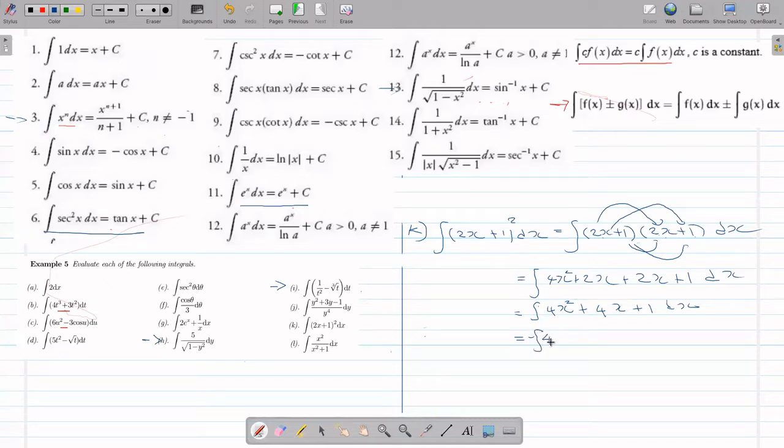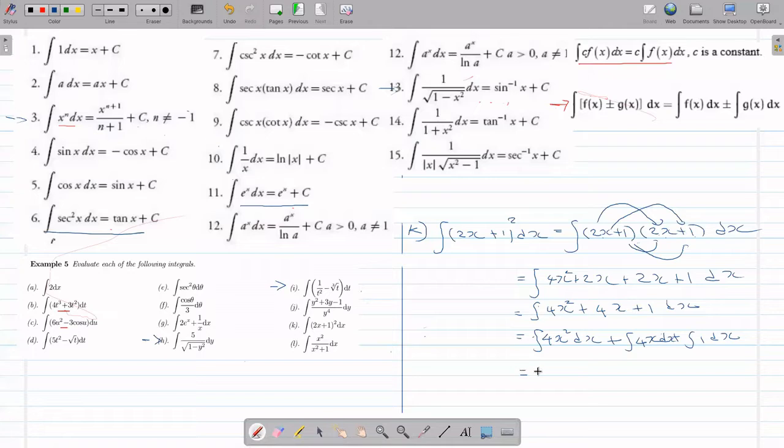Here I get 4x squared dx plus 4x dx plus 1 dx. Now this is using the sum rule, no?